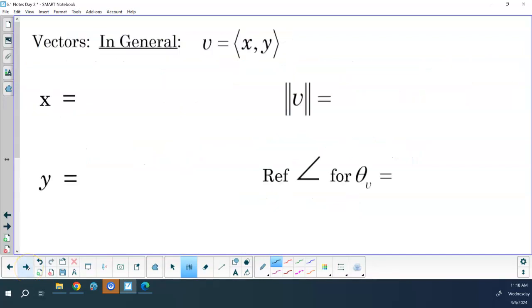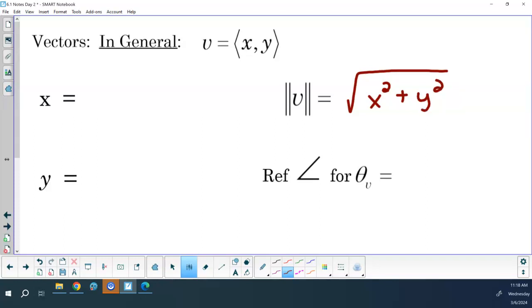So, in general, okay? If I have a vector v that has a component form of x comma y, then I can find the magnitude of v by taking the square root of x squared plus y squared.